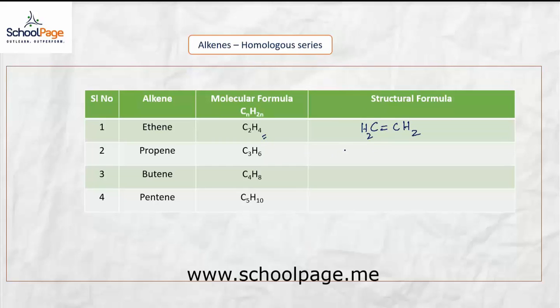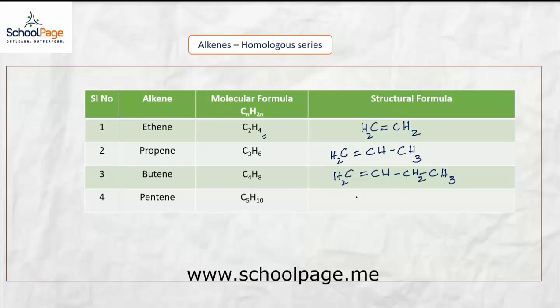For propene, it will be CH2 double bond CH3. Butene, which has 4 carbon atoms and 8 hydrogen atoms, has the formula CH2 double bond CH2 CH3. So 2 hydrogen atoms here, 1, 3, 5 and 8. Yeah. So the valency is satisfied.